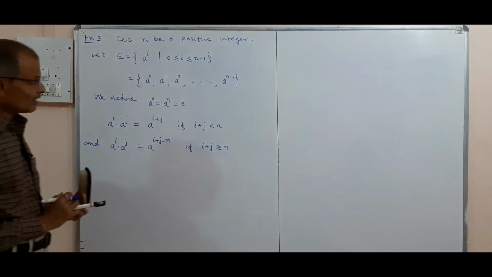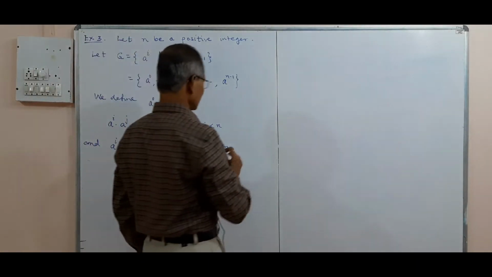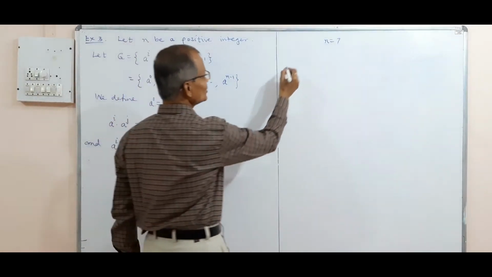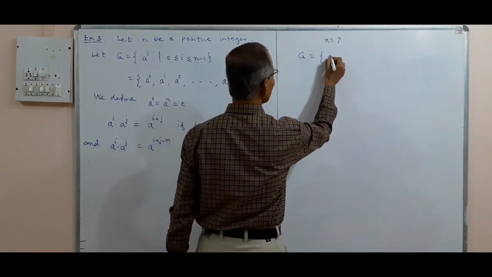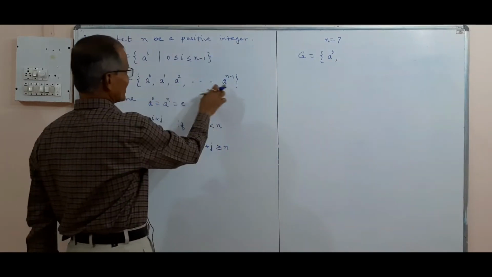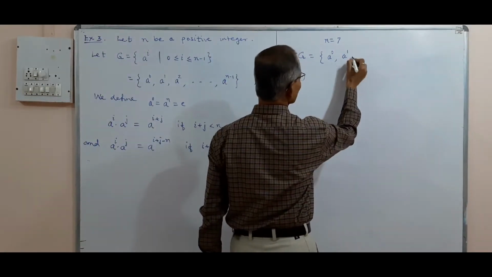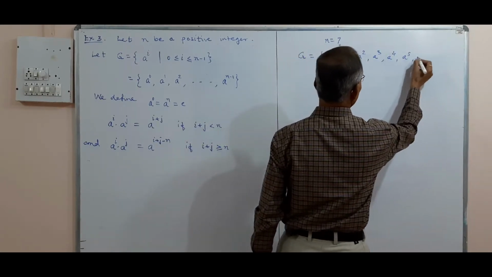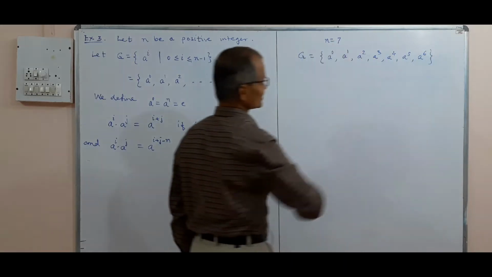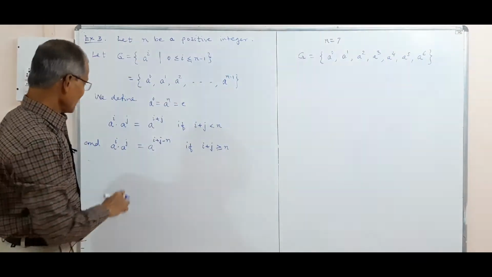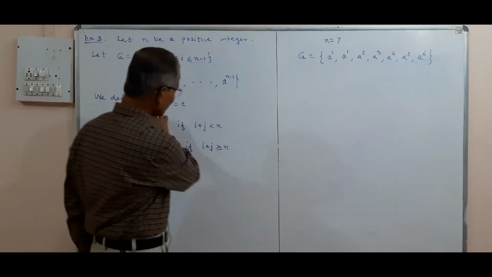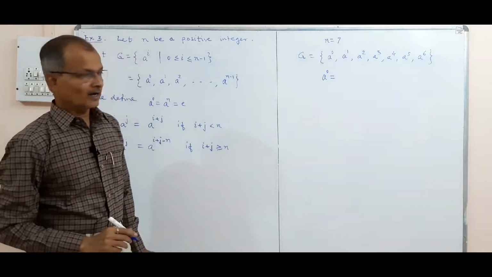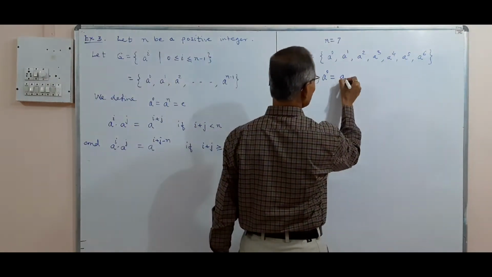So for example, to make it more clear, we consider n is equal to 7. And then what will be G? G will be a to the power 0 up to n minus 1, and thus this is a square, etc., up to a raised to 6. These are the elements. And the definition is a to the power 0 is defined to be identity, and that is also equal to a raised to n, means 7 here.